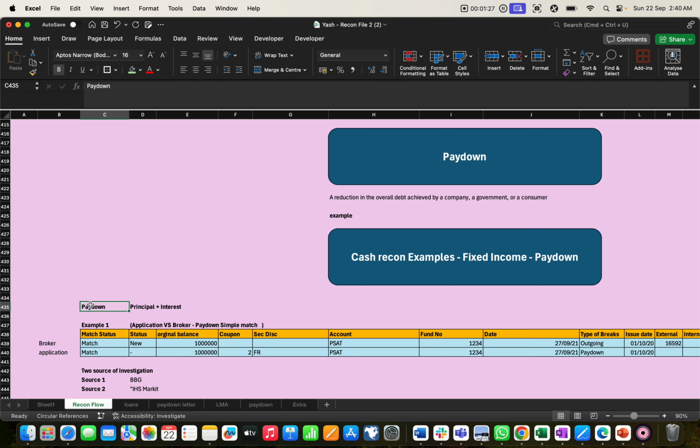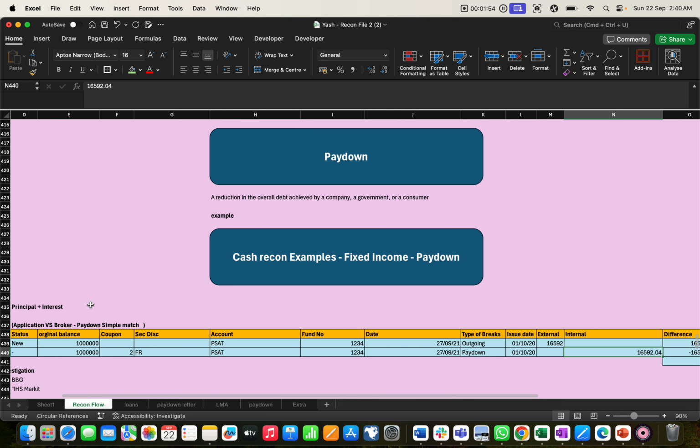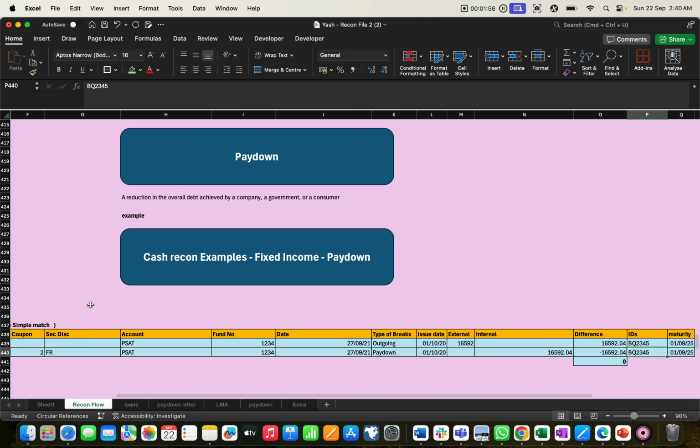Okay, so we see one normal match example on your screen. It is application versus broker pay down simple match. So what we have to notice, point number one is the original balance. Then we have to know the coupon rate, the investment name, the account, the fund name, the date, and all things should be mentioned.